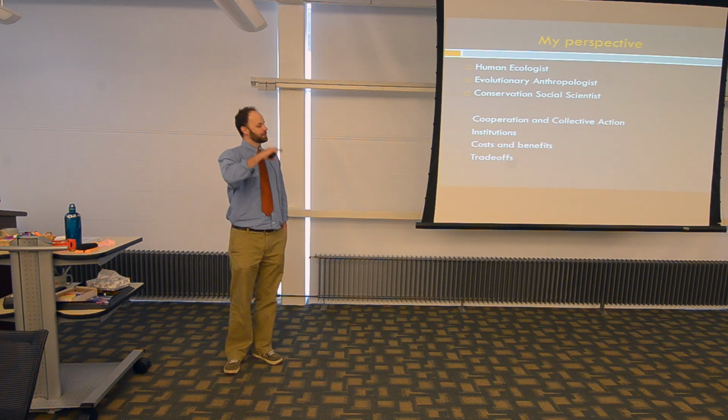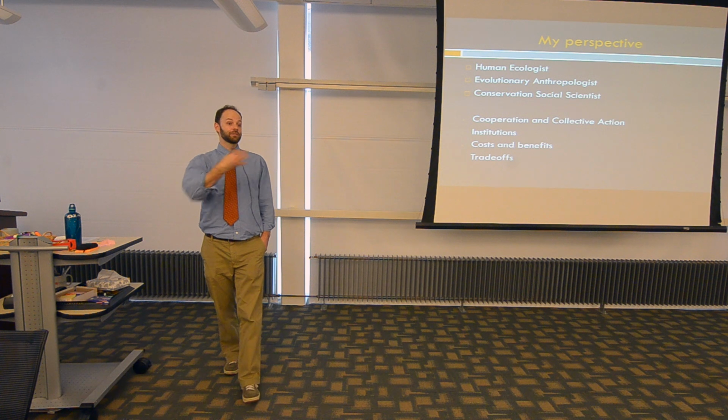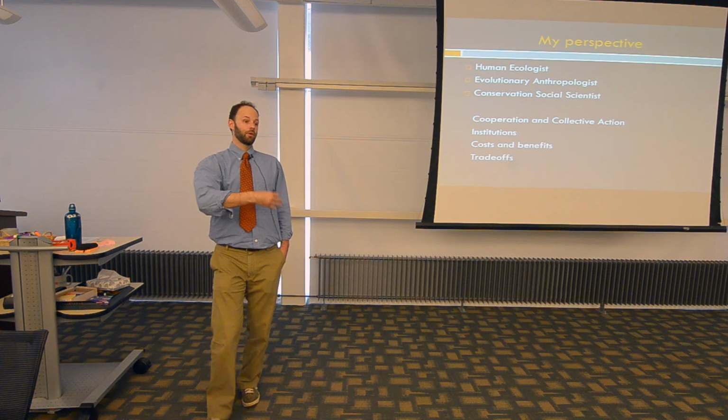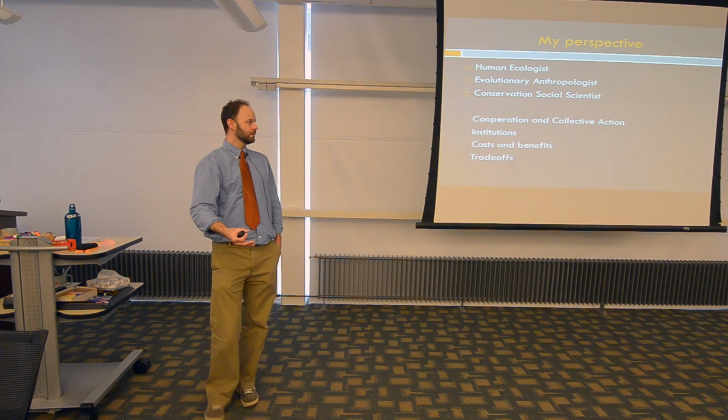And I approach the issue that I've laid out today from a conservation perspective. So my goal first and foremost is to understand conservation, how to make that work better.